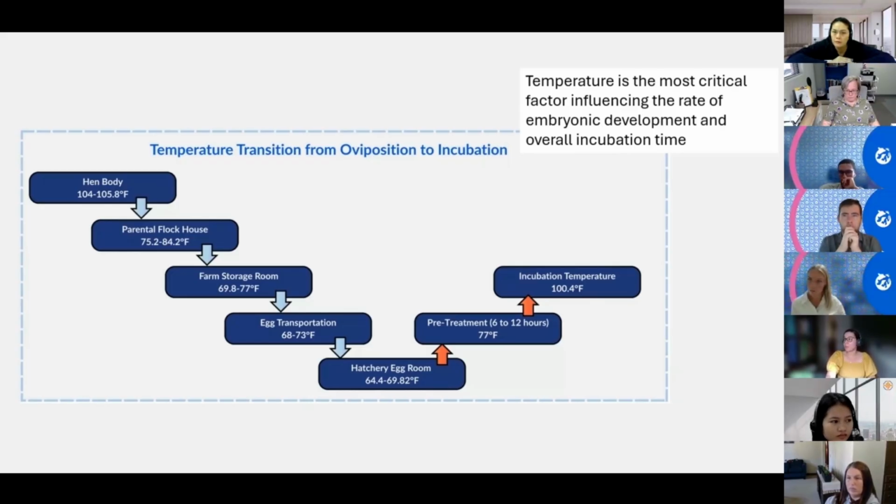As I said, temperature is the most critical factor influencing the rate of embryonic development and the overall incubation time. If I don't have this pre-treatment and I put all my eggs in at different developmental stages, I will have some chickens hatching very early and some hatching late.